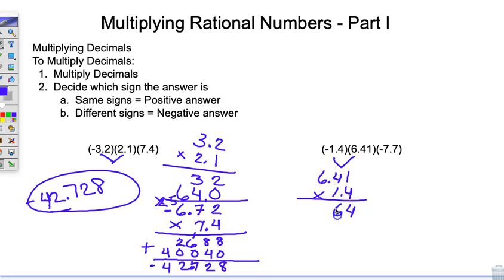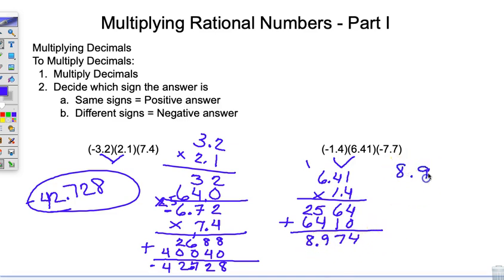This is 16, carry the 1, 24 plus 1 is 25. Move in 1 digit, and I'm going to start here. 1 times 1 is 1, 1 times 4 is 4, and 1 times 6 is a 6. When I add those up, I get a 4, a 7, a 9, and an 8. And since I had 3 digits behind the decimal, it goes right there.